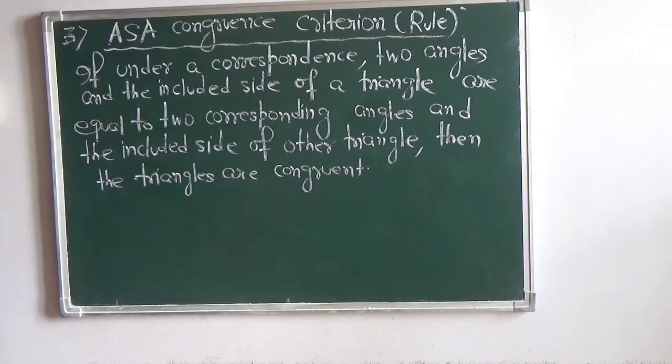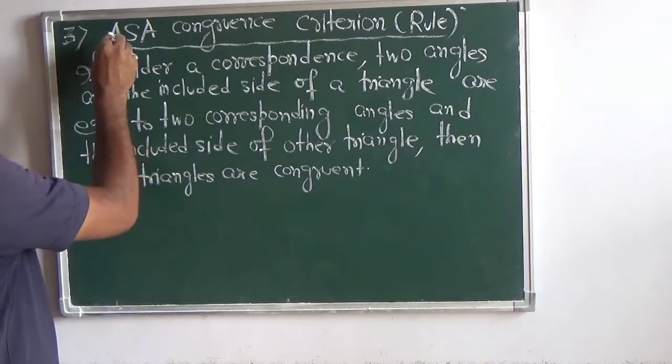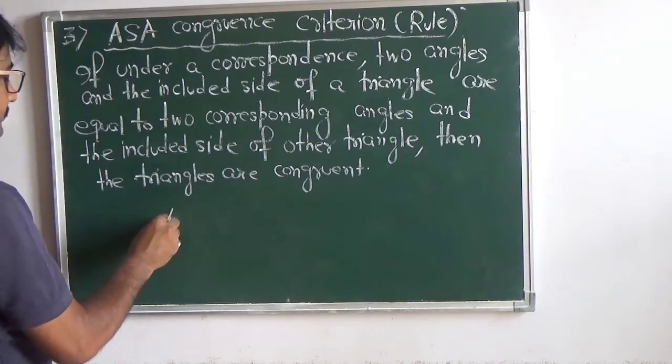So let us read it out once again. If under a correspondence two angles and the included side of a triangle are equal to two corresponding angles and the included side of the other triangle, then the triangles are congruent. So this is angle side angle.